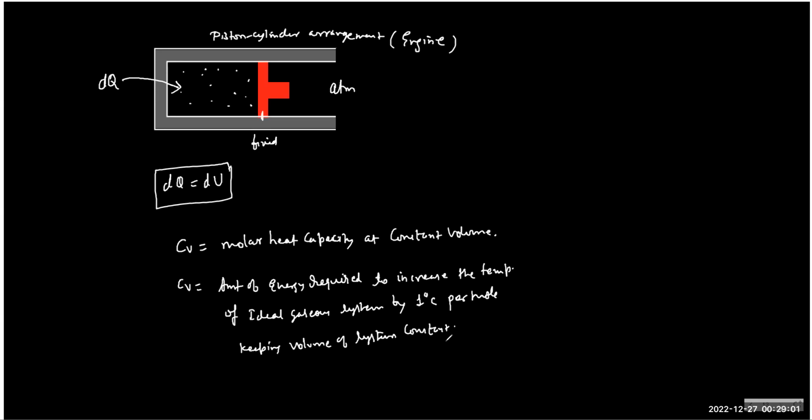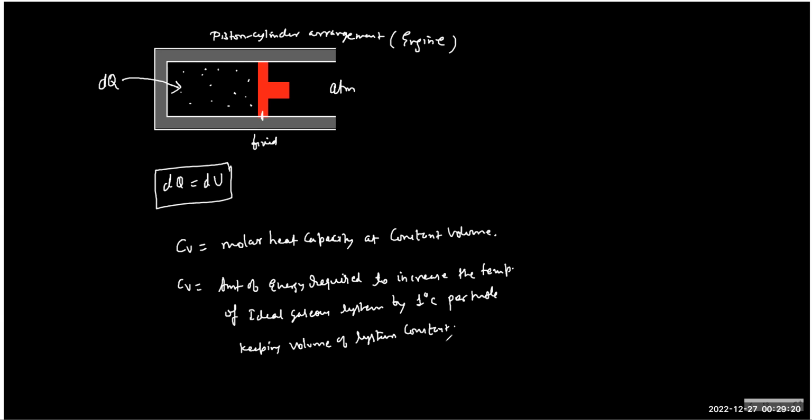So CV is a kind of process. It is not a general process. It is one type of process in which you fix the volume. You make sure that volume will never grow. And then you try to calculate how much energy is required to raise the temperature of 1 mole of gas by 1 degree Celsius.